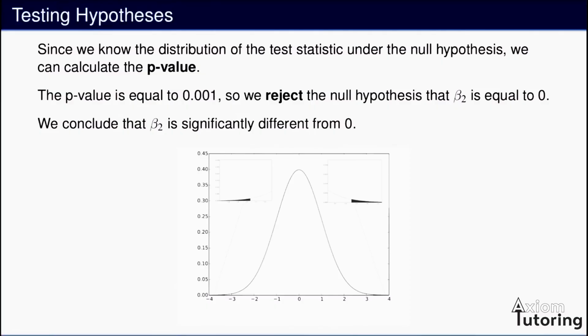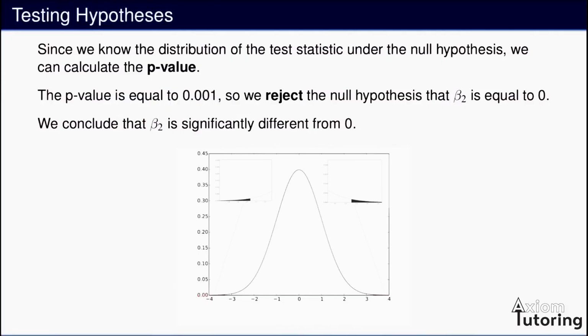So here we're just saying it's more extreme if the distance from zero is greater than what we've observed. That's why we're looking both at the right-hand side and the left-hand side. That's always what you need to do when you're looking at a two-sided test.